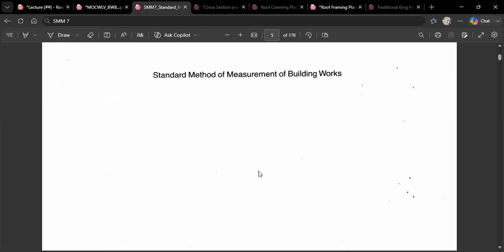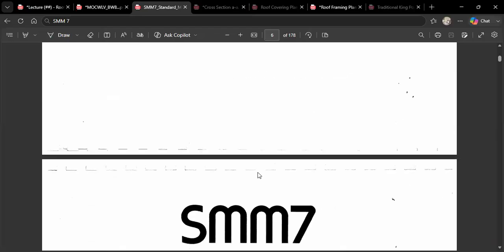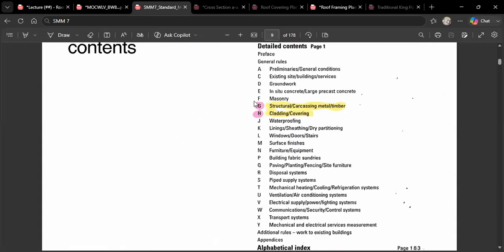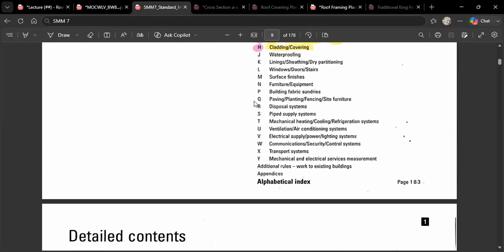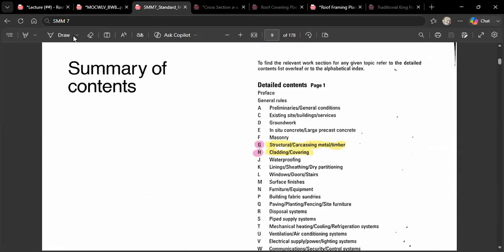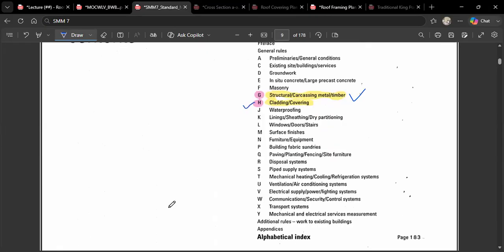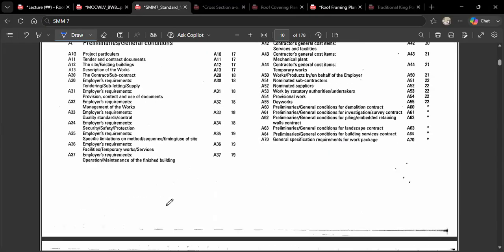So if you take your SMM7, you just open the contents. You open the summary content and you go and look at G and H. So we are going to G20. Yes, so that is it.